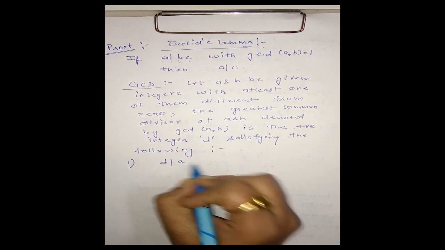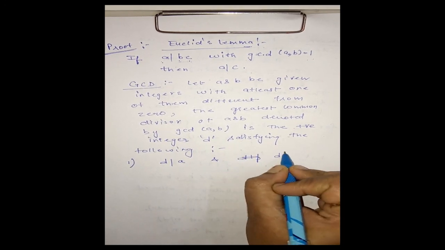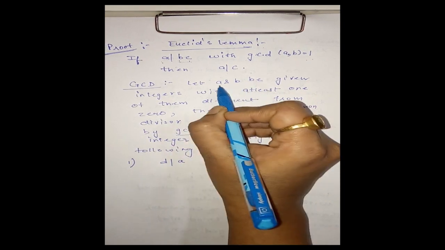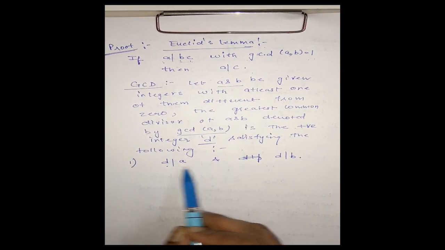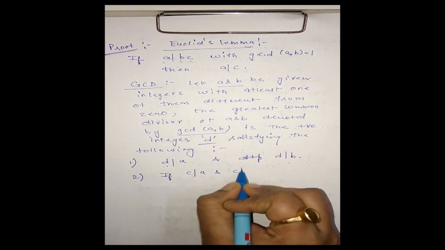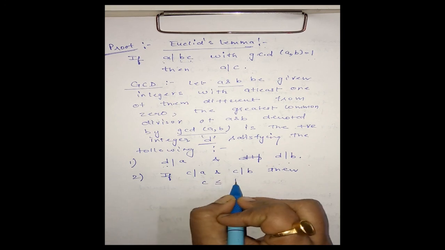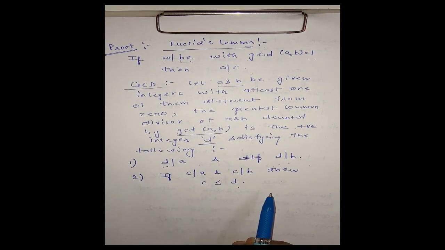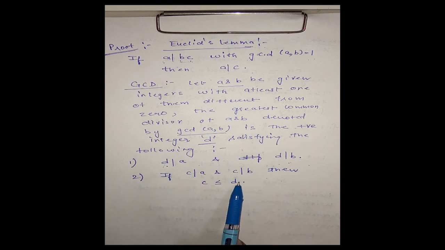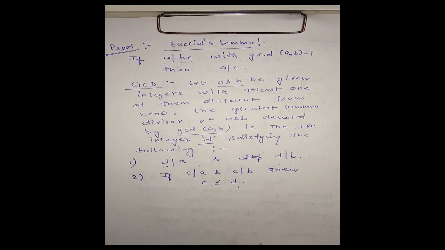Number 1, D divides A and D divides B. Second, if C divides A and C divides B, then C is less than or equal to D. That means D is the largest of all the divisors of A and B. This is the definition of GCD.